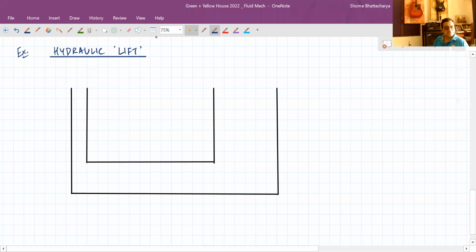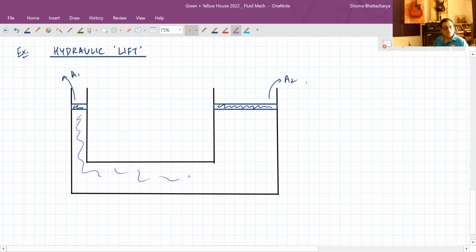That would be done by something like this. So let's say you have two pistons like this, which are of area A1 and A2.